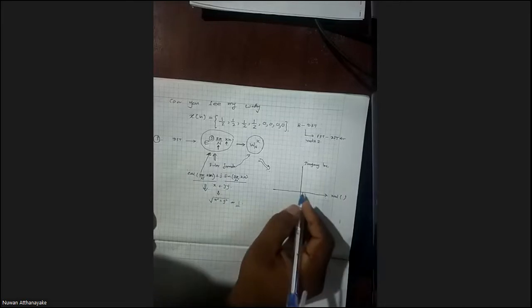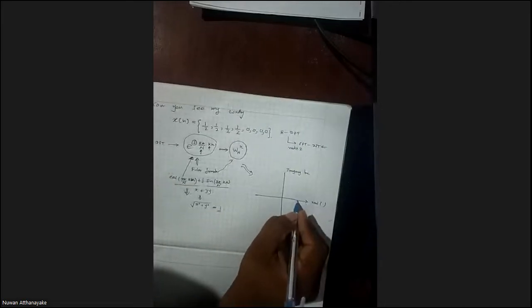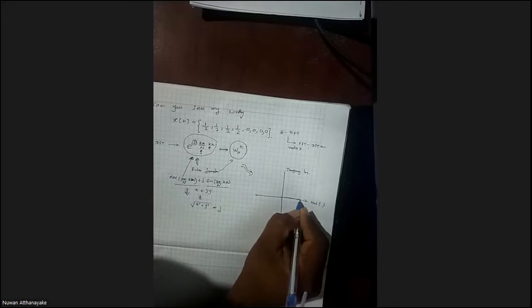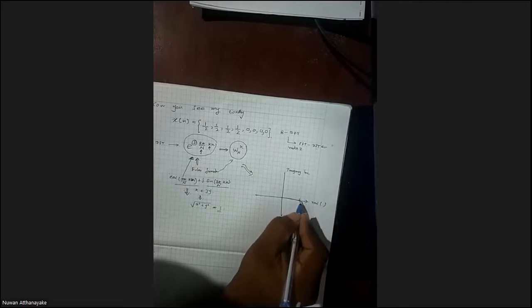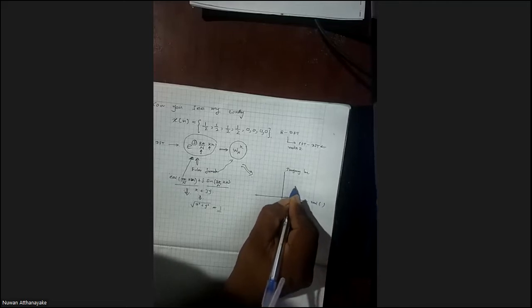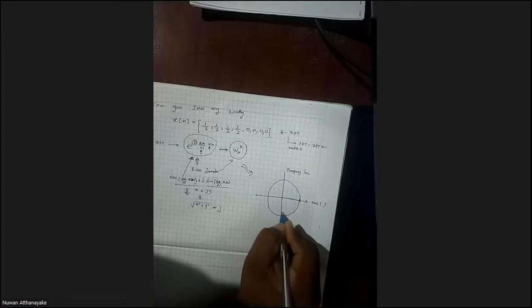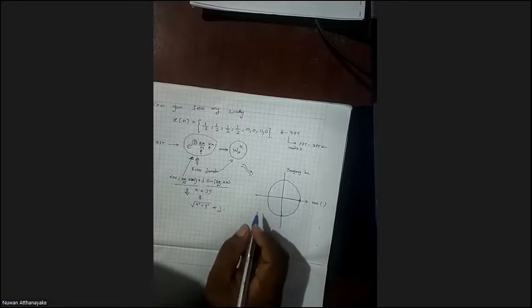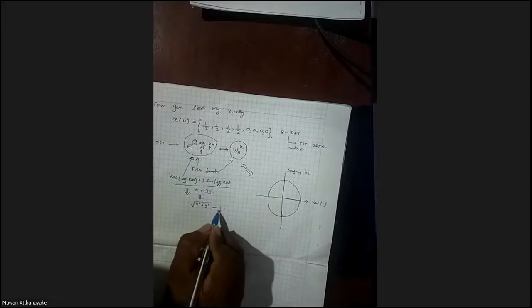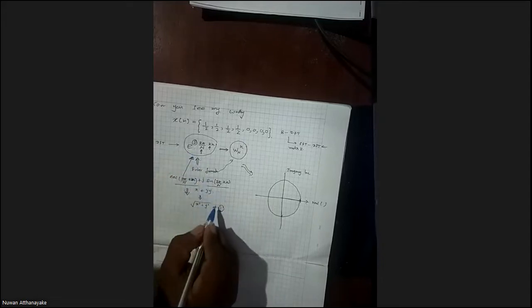So if I draw a circle like this, the magnitude is 1 for this term.